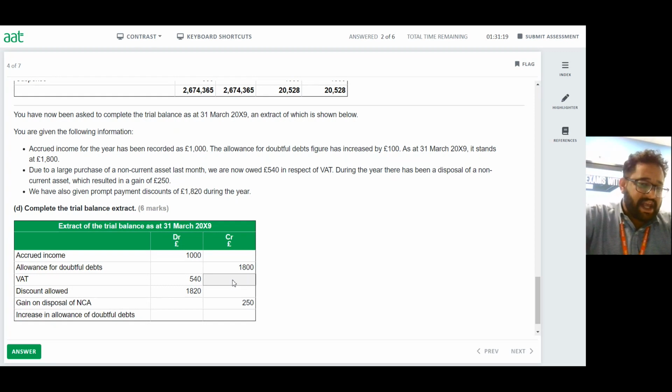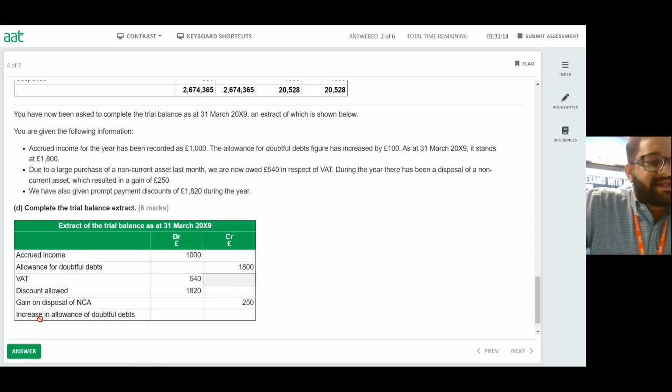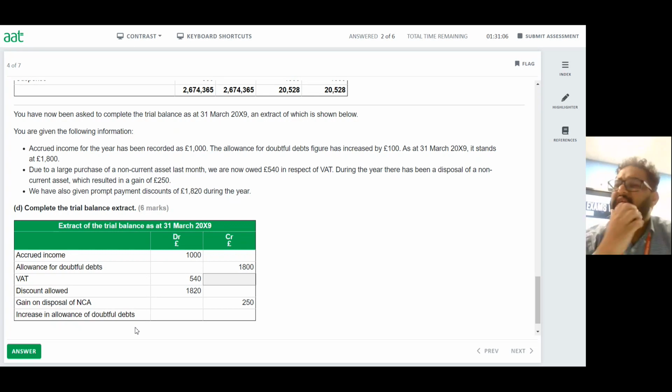So also they're saying here the increase in allowance for doubtful debts. Okay, so here I have a slight doubt because the word they have used here, they didn't say the allowance for doubtful debts account. They're saying increase in allowance of the doubtful debt. So therefore, this is the adjustment, isn't it?